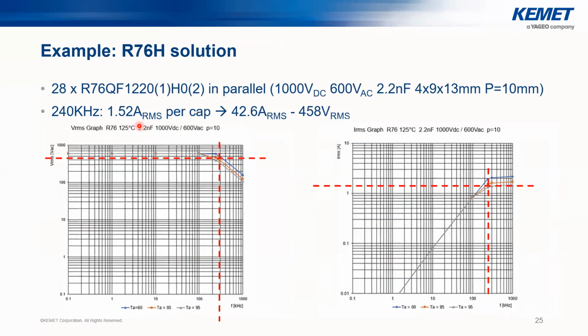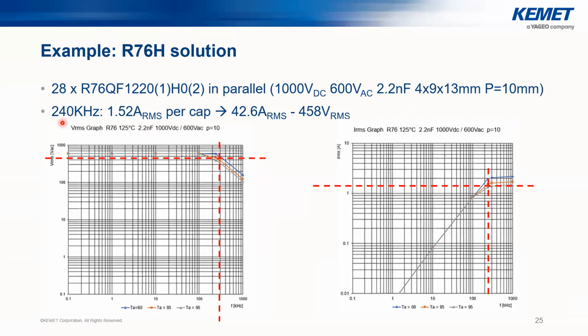If we now take the same example but use the R76H solution, we see that to reach the same performance, we need only 28 components in parallel. Here we have selected the 600 volt AC, 2.2 nanofarad in a pitch 10, so it's a smaller component and can have a better current capability.